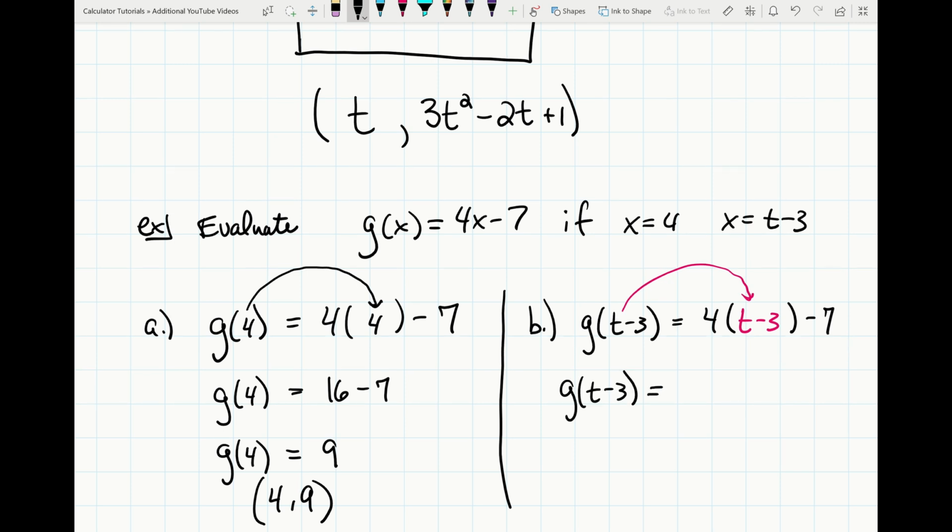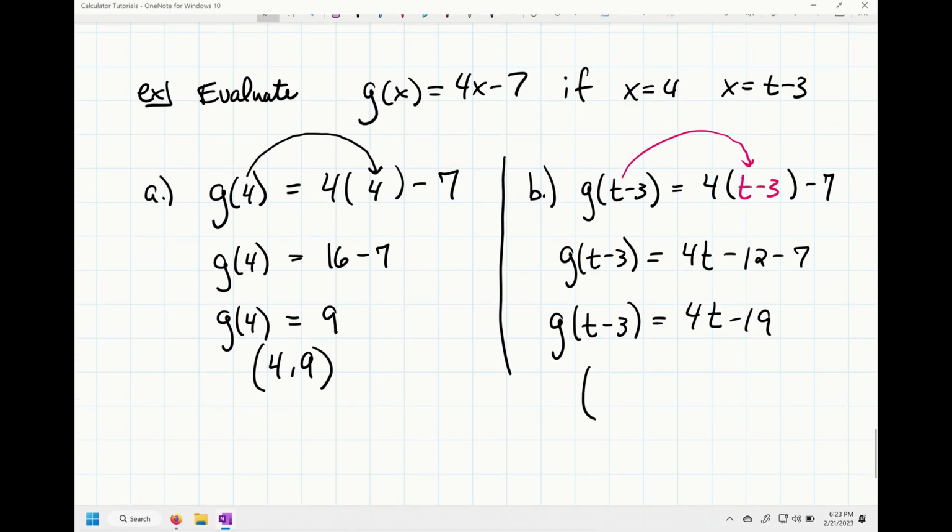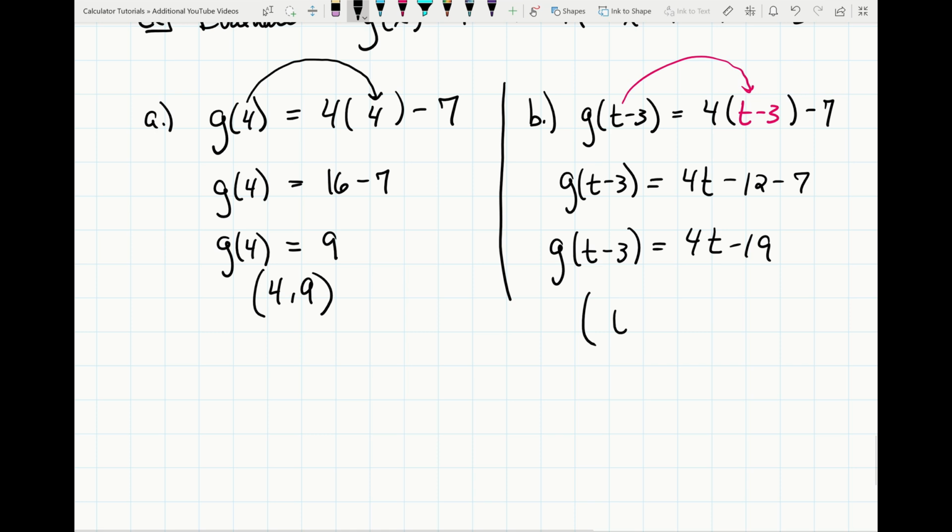I'm going to go ahead and distribute the 4 to give me 4t minus 12 minus 7. And then go ahead and group any like terms that I have. 4t minus 19. And yes, the ordered pair would look like this. t minus 3, comma, 4t minus 19.